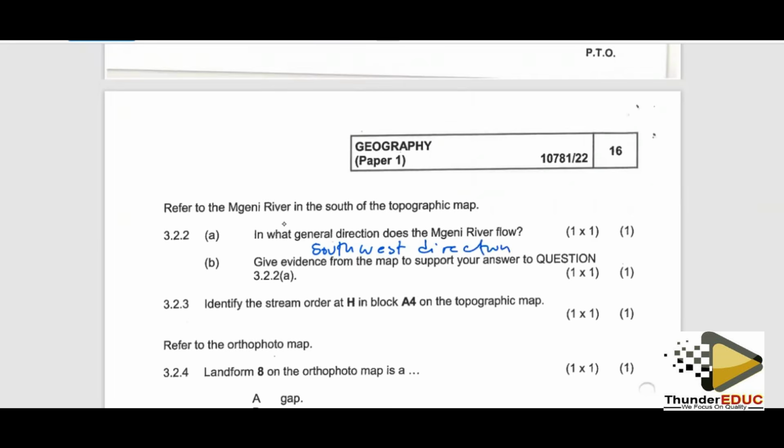Give evidence from the map to support your answer. Let's say gentle gradient in the southwest. So that is 132B.